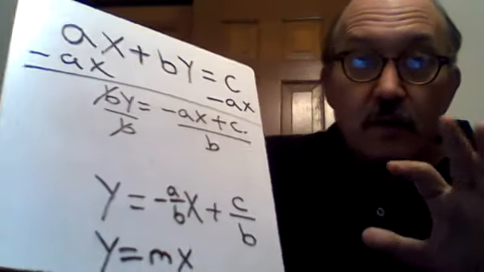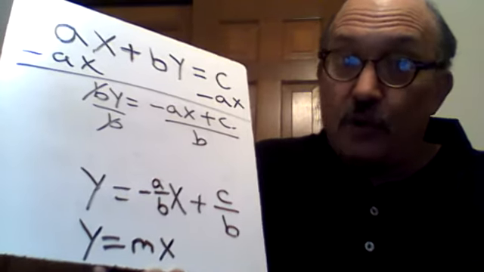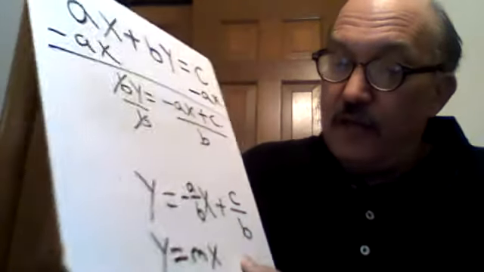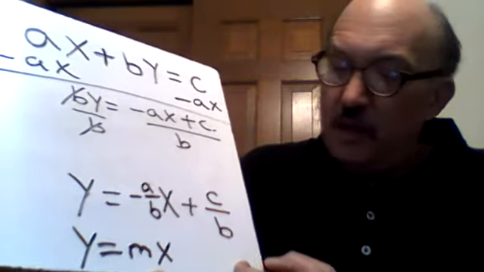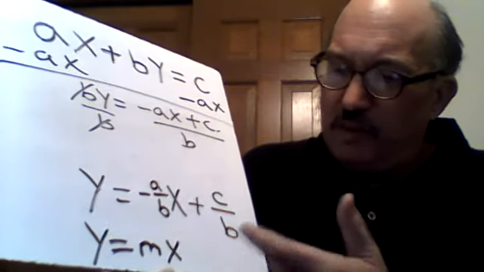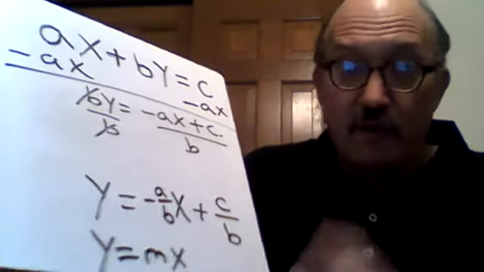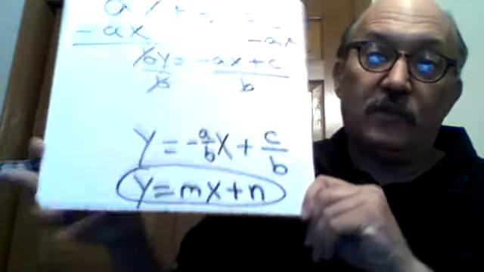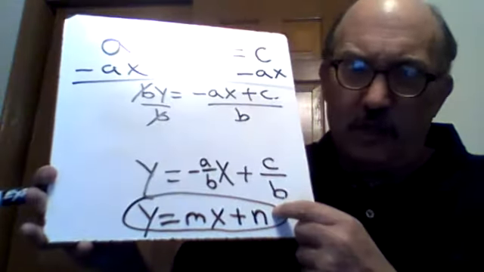And the part that I don't agree with in the textbooks is they would then go ahead here and write plus b. But it's not really plus b, it's really c over b. So what I'm going to do is I'm going to substitute n for c over b. And for me, the n is the y-intercept rather than the textbooks using a b.